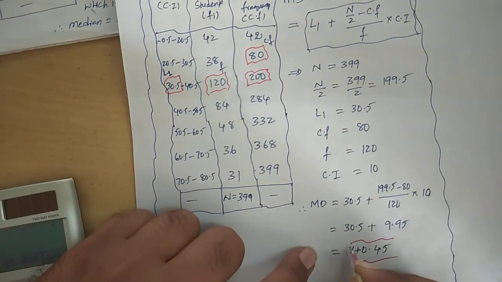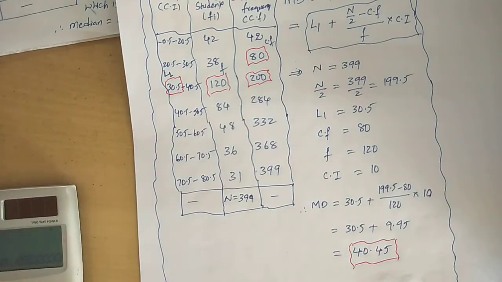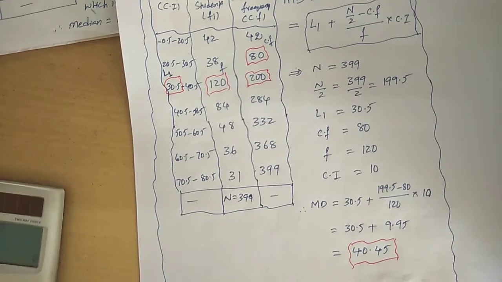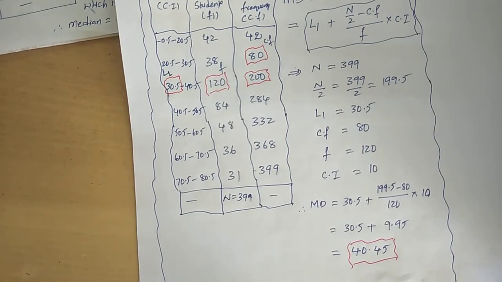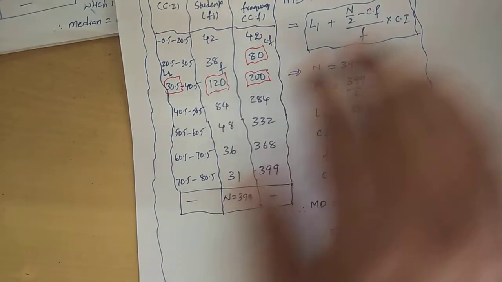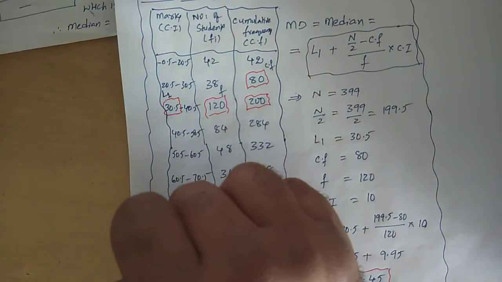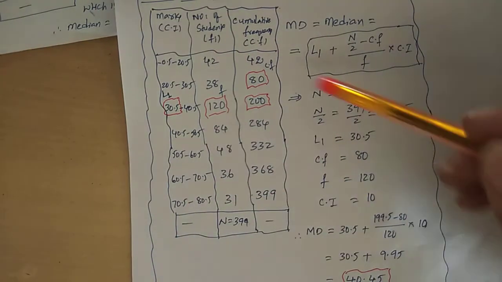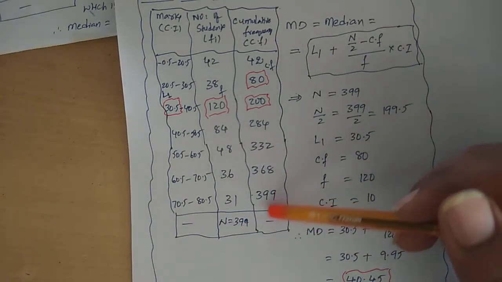So in continuous data median calculation, what are the things to be observed? The first thing is whether the data is actually in continuous form or not. If not, make the data into continuous format. Okay. And after that, create a calculation table like this. So class intervals, the frequency values. Next you calculate cumulative frequencies. This value should match.